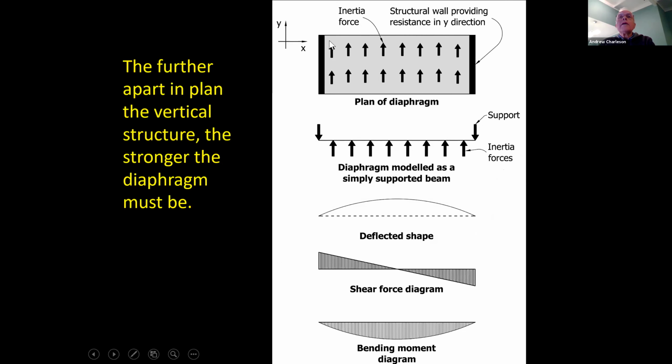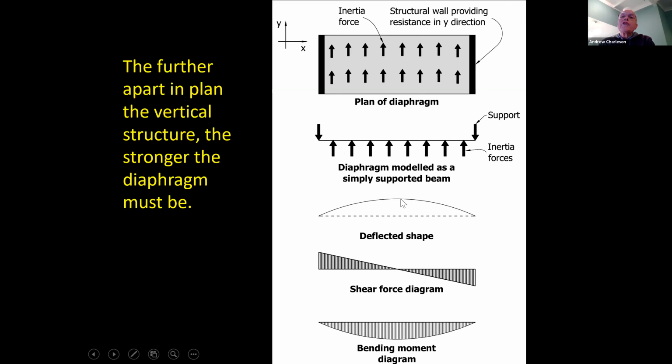So here is a similar diagram. Here the shear walls are. Here are the inertia forces. And so if I draw the floor slab as a beam, that's the beam, the floor slab. Here are the inertia forces acting on it.